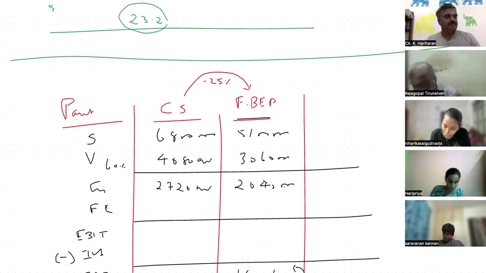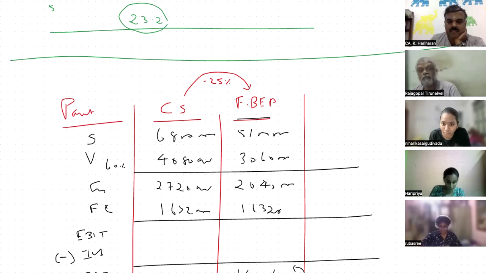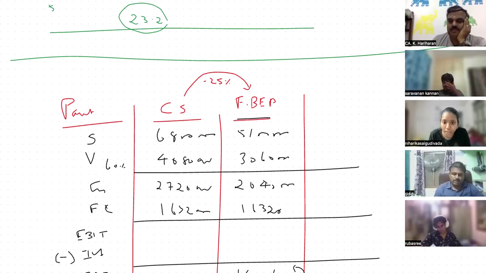EBIT comes to 10 lakhs 88,000 here. Here EBIT comes to 4 lakhs 8,000.